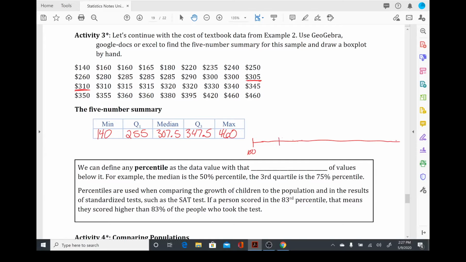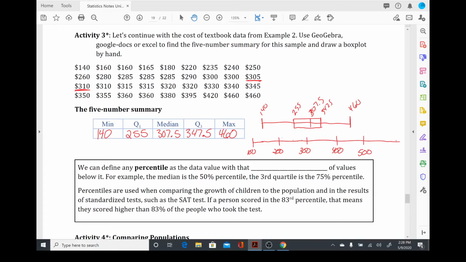So 200, 300, 400, 500. And then our first number was 140, labeled above, 255, 307.5, 347.5, 460. Line going through it all, and a box around the middle. Not too bad.